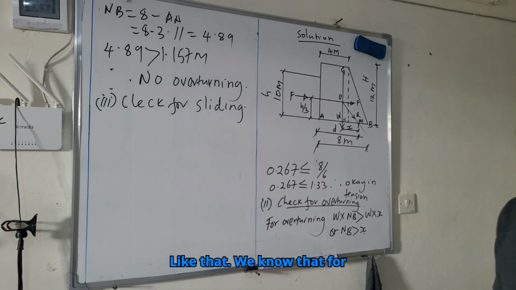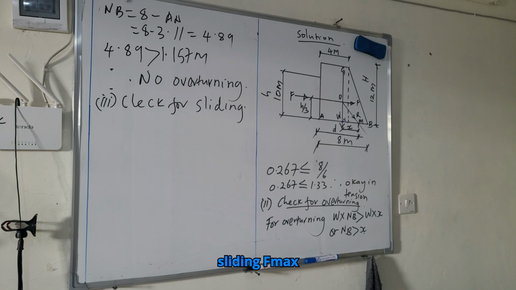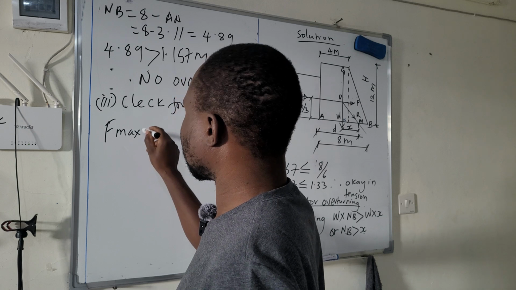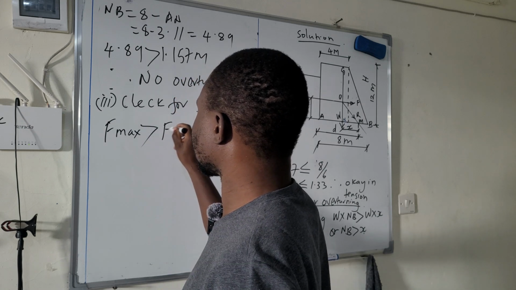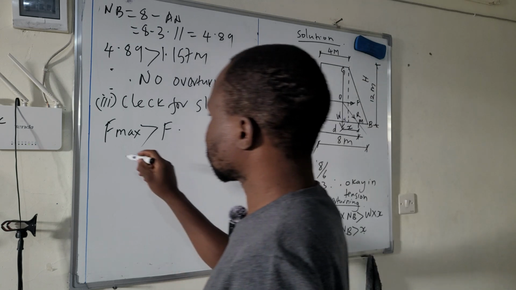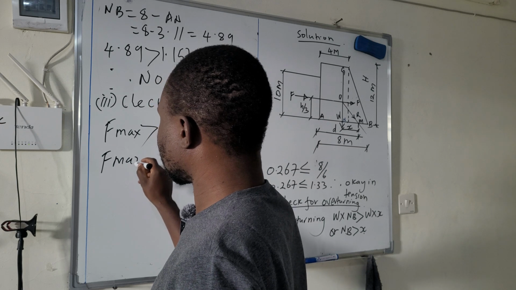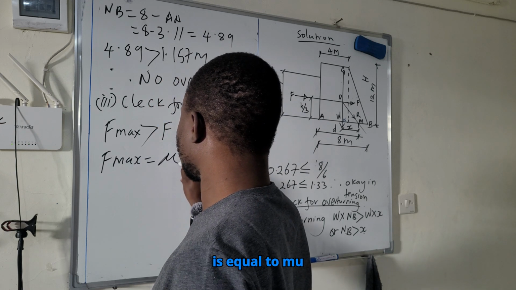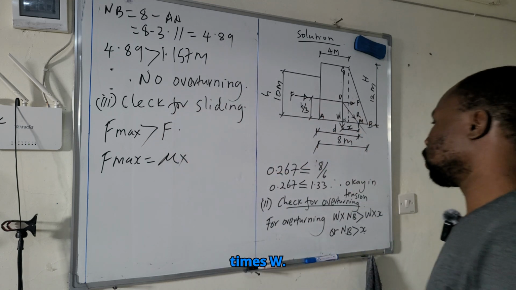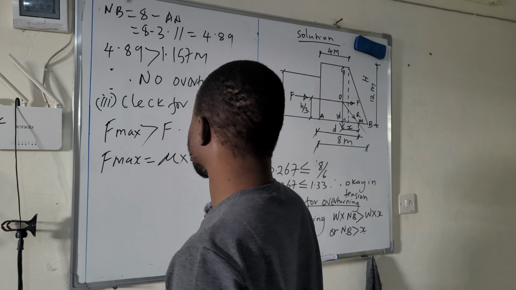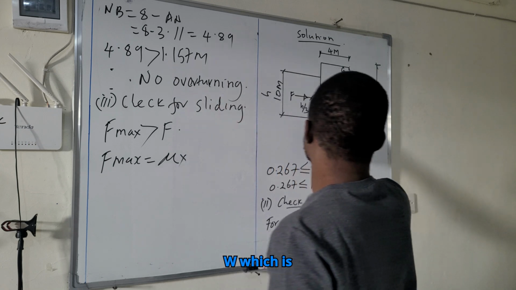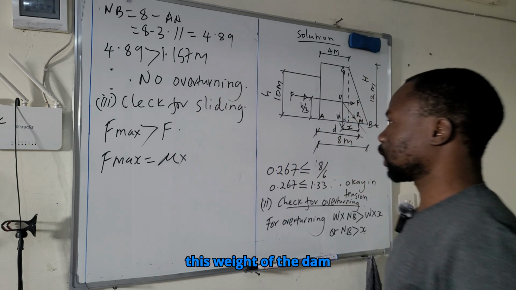We know that for sliding, F max must be greater than F, whereby F max is equal to mu times W, capital W, which is the weight of the dam.